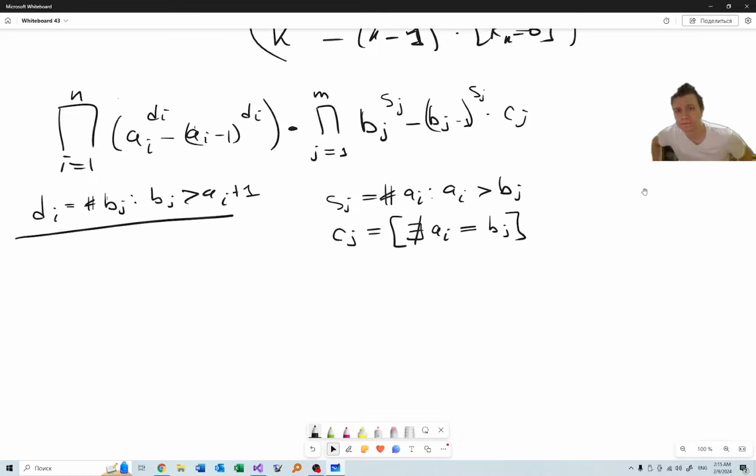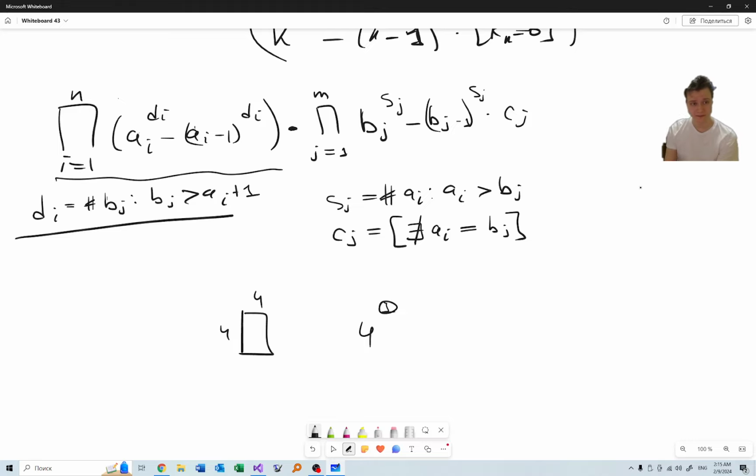Okay, let's consider some examples. So again, let's consider example 4 and 4. So I have here 4 to the power of 1. 4 to the power... Oh, this is again messed up because this multiplicand is 0 this time.